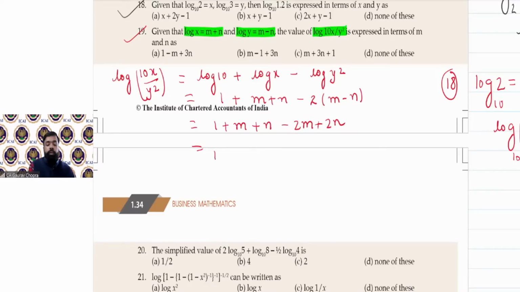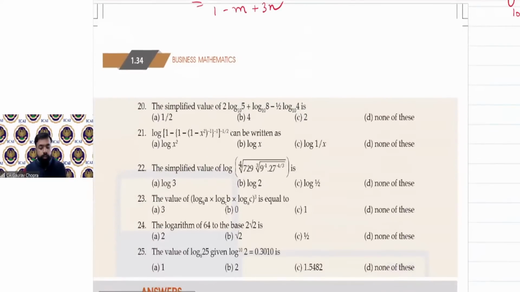So the final result will be 1 minus m plus 3n. So option number A will be correct. So this is also done.